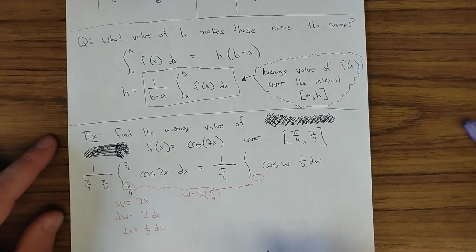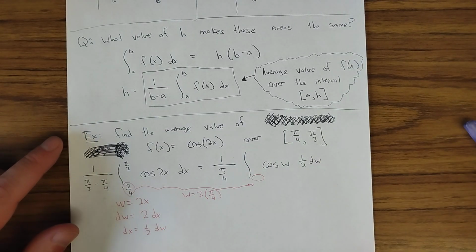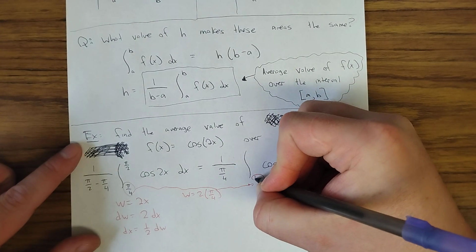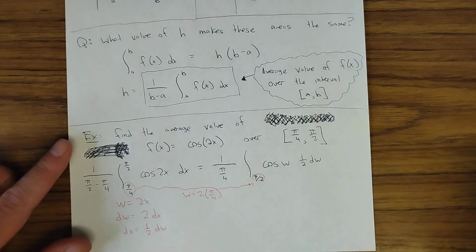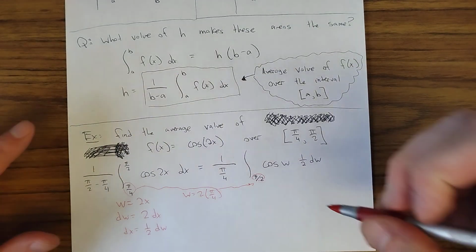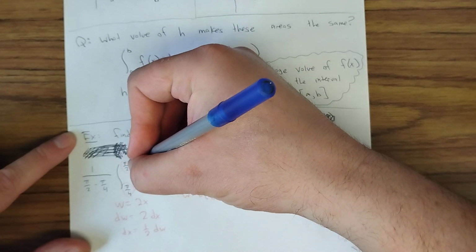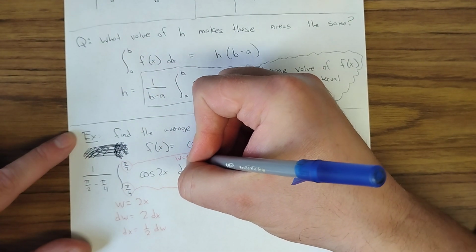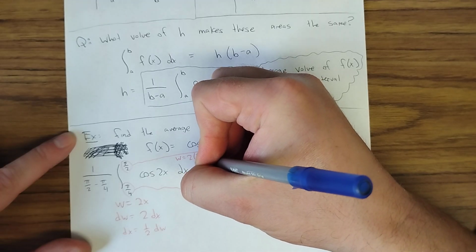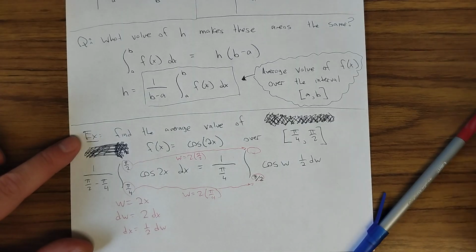W is 2 times x, so this w value is going to be 2 times this x value. So this is going to be pi over 2. Likewise, this one corresponds to this one. W is 2x, so I do 2 times that, so this one's just going to be pi.